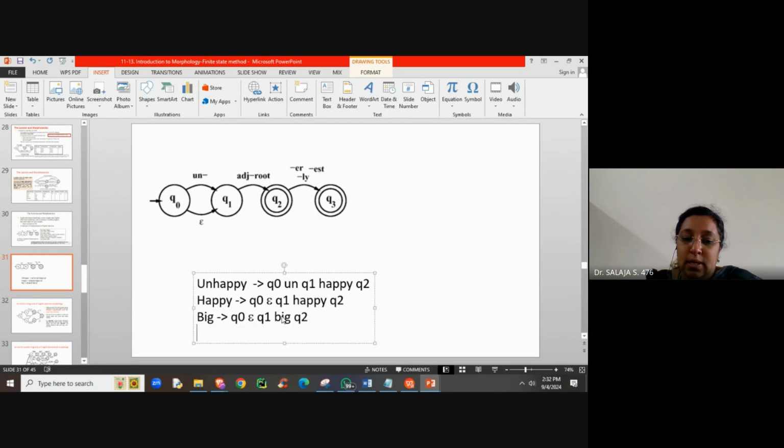Now, my question is, this transition is a correct transition, okay? From Q naught. Big happy is one adjective, big is another adjective. Now, when I take this part, this is allowed. As per your diagram, this is allowed. From Q naught, either I can choose UN or I can choose epsilon.